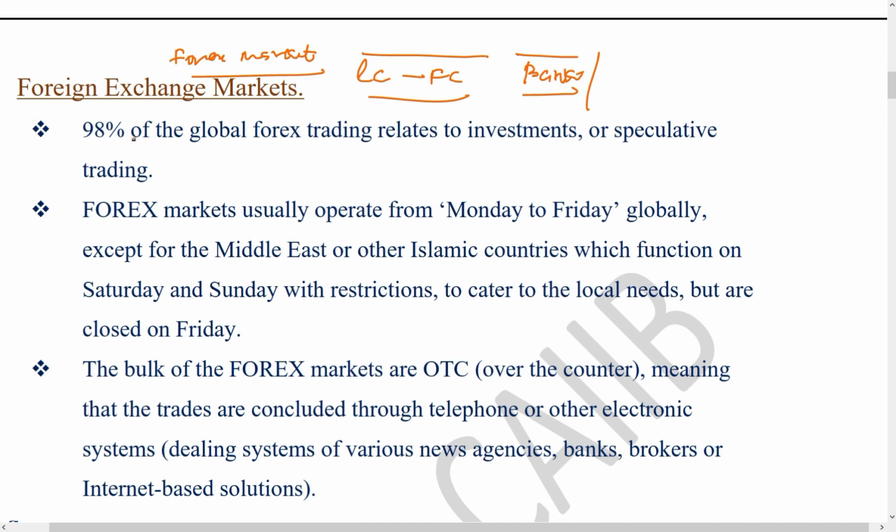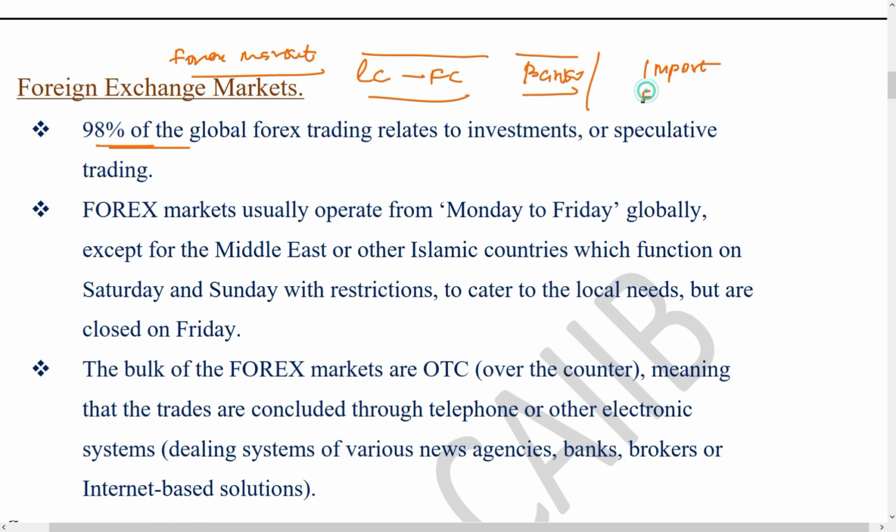So what is the significance and what are the provisions of the foreign exchange market that we are going to see? 98% of the global forex trading relates to investment or speculative trading. So in global forex trading, it is 98%.